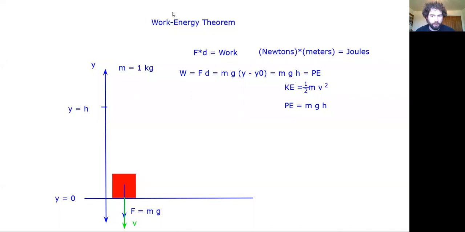And at the final time, it's going to be all kinetic energy. So we can write this as mgh is equal to 1/2 mv squared.